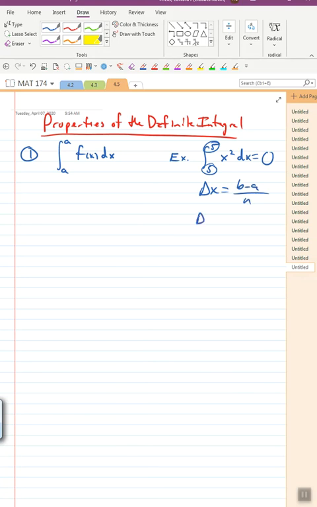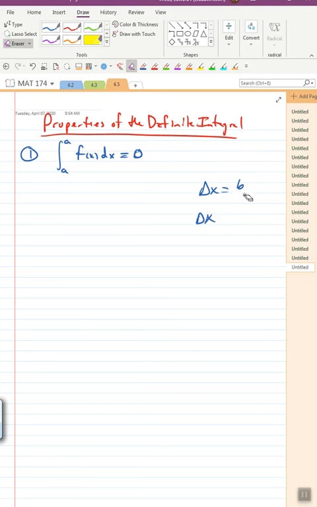And so what you're saying is your delta x is 0 because your interval has no width. If I interpret this in terms of area, you don't have a two-dimensional area. There is no area because your interval has no width. So it would make sense that if I tried to integrate some function from a lower limit to an upper limit using the same number, I should get 0.